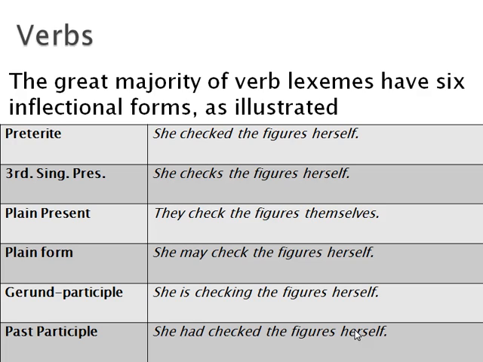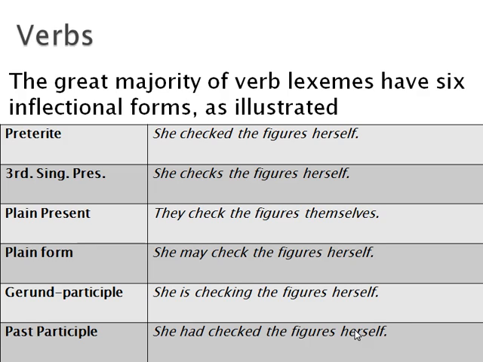Each of these with an example, in this case the verb to check. The preterite: checked. The third person singular: checks. The plain present: check. This is not this; they are different forms.